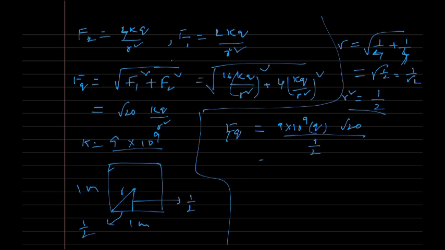So what I'm getting is 18 root 2 into 10 to the 9, whole into Q. So this is the answer that I have got. You can further simplify this equation. Okay, so this is how you need to approach a problem which involves multiple number of charges. Hope the example provided is helpful to you, right?